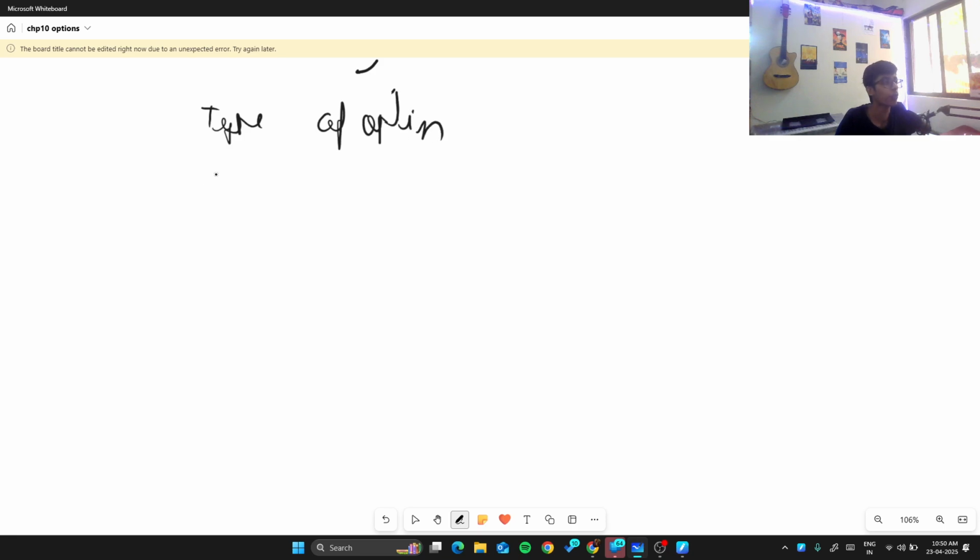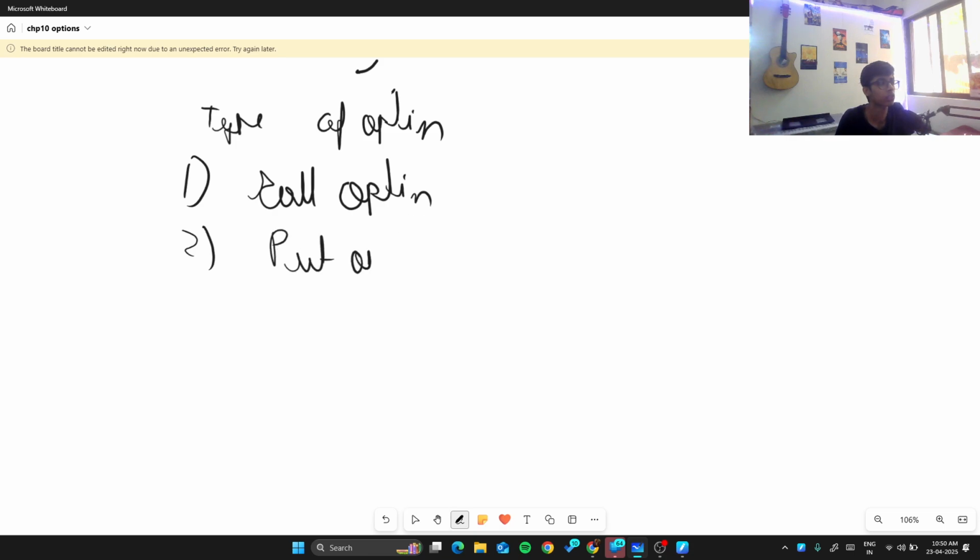So let's go with types of option. There are only two important types of option: call option and put option. So call option is a derivative, right?